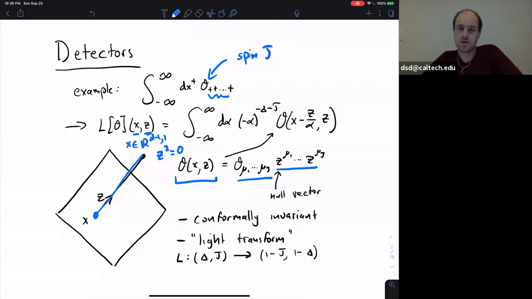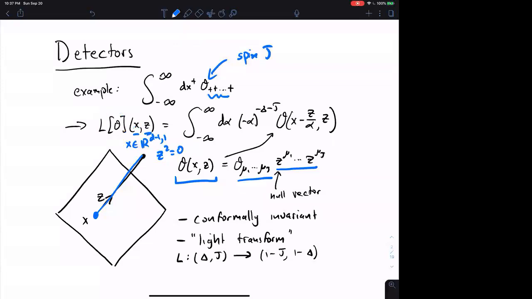For a local operator, O of x comma z is just a polynomial in z. This is just another way of packaging together the information in a local operator. And the nice thing is that if you do the null integral in the right way, weighted in the right way, then the thing that you get, L of O, transforms like a primary operator as a function of x and z. So it transforms under conformal transformations in the same way that this O of x comma z would.